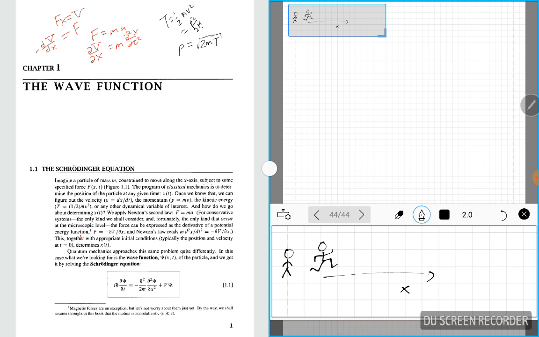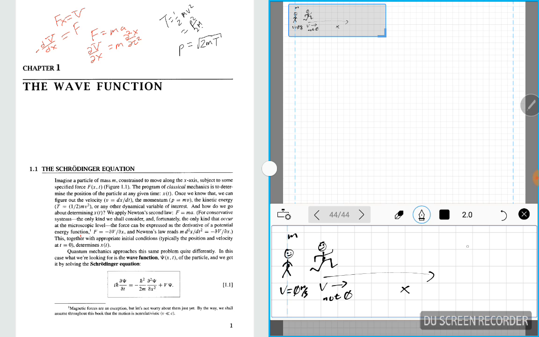So to begin with, our person, who has some mass to them, so they have a mass m. They started out not moving, so their velocity was 0. Then they started moving, and their velocity was something that is not 0.